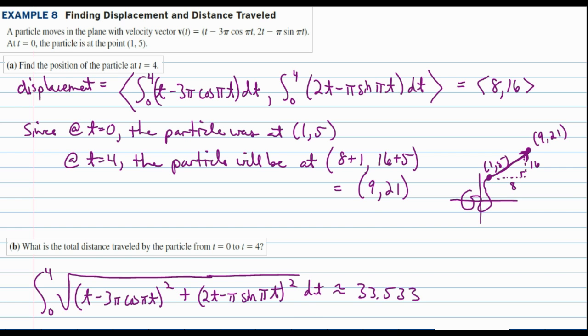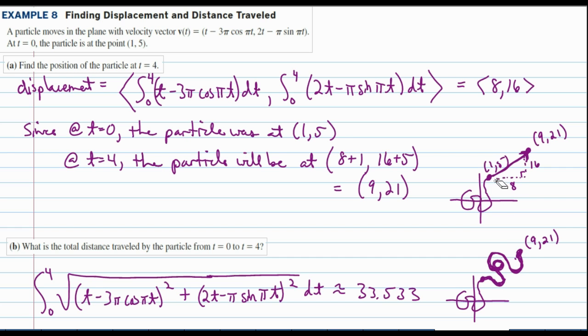I get 33.533 units, which means if this particle was on the same path, it still goes from 1, 5 to 9, 21, but it travels this 33.5 unit long path in between those 2 points.